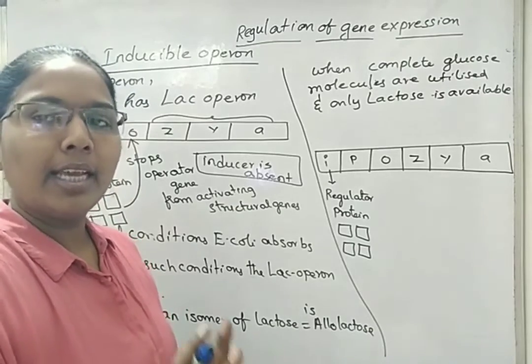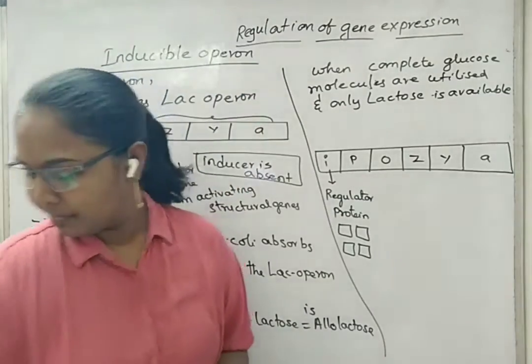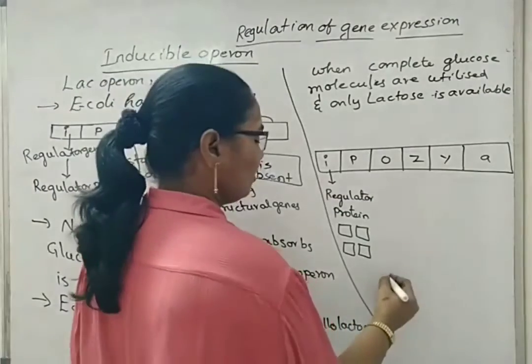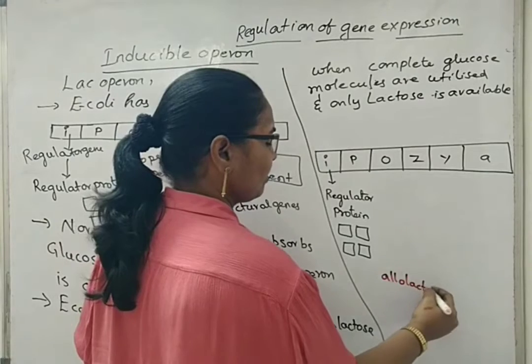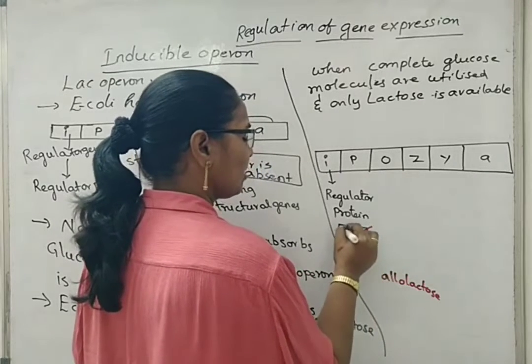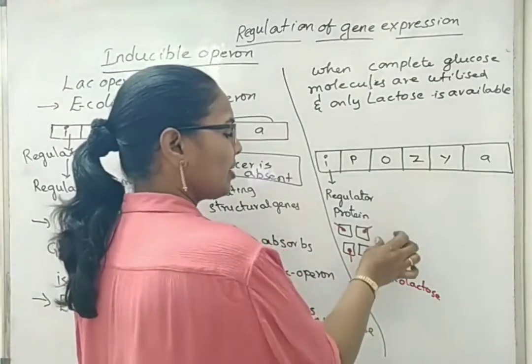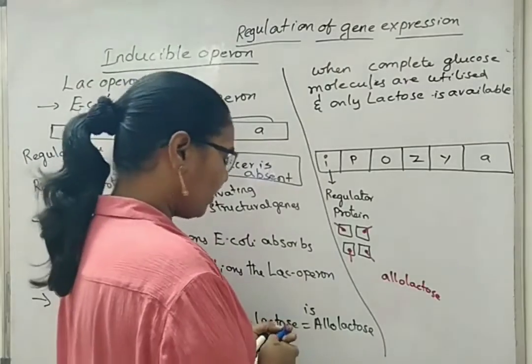At that time only, allolactose will enter into the function. So now, allolactose will come and bind to the tetramer subunits of the repressor protein. They will not allow the repressor protein to come and bind onto the operator gene.